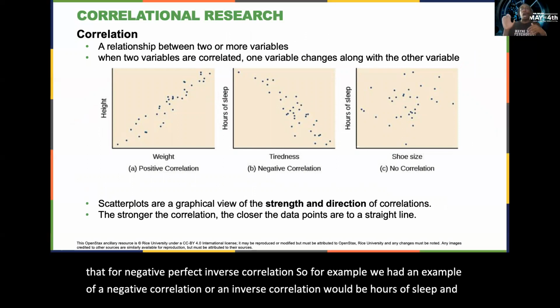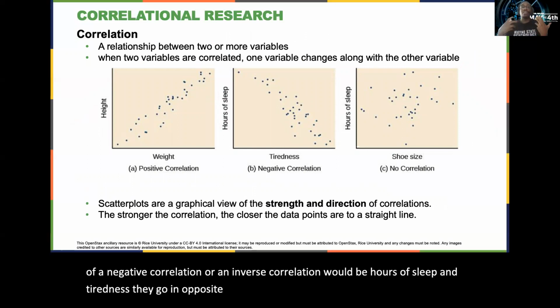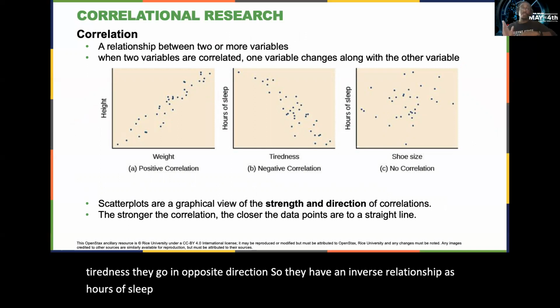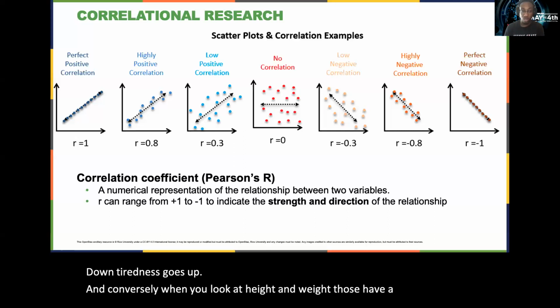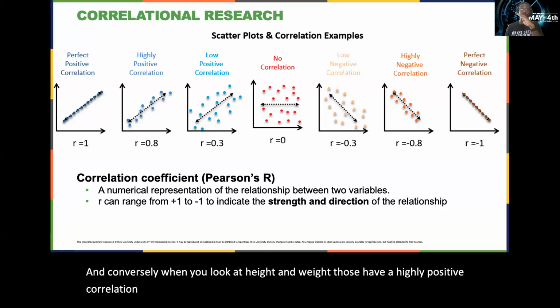They go in opposite directions, so they have an inverse relationship. As hours of sleep goes down, tiredness goes up. And conversely, height and weight have a highly positive correlation. As one increases, the other also increases.